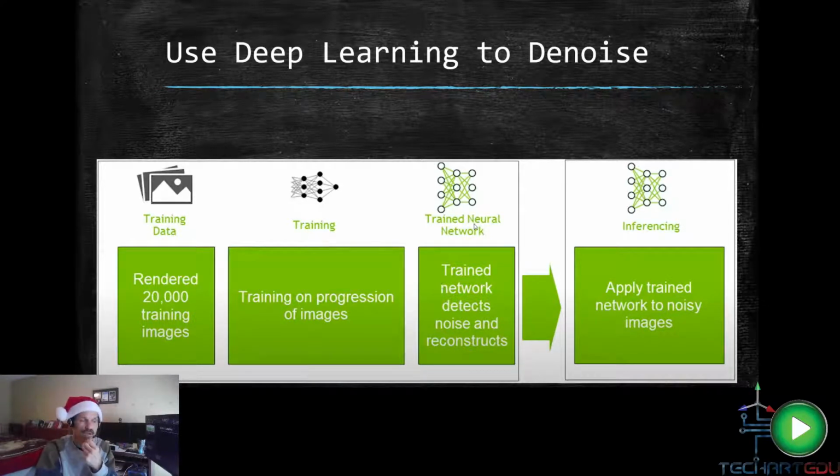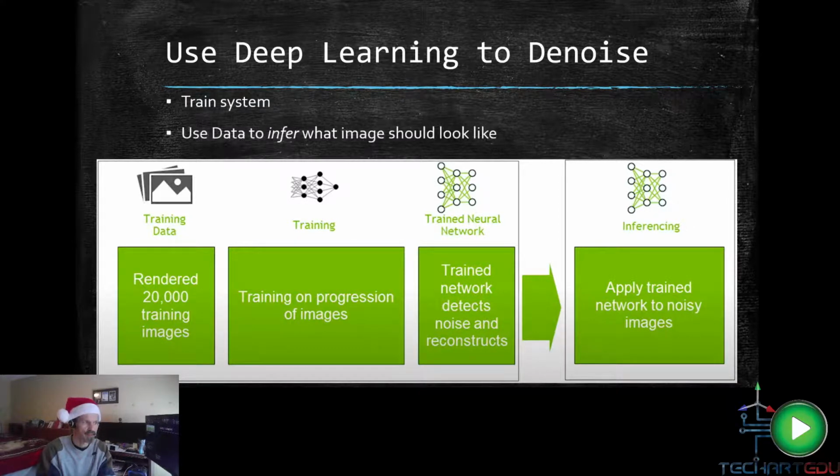And then once the neural network has been successfully trained, it's plugged back into the ray tracing so that every pixel is then fed into the neural network and post-processed again in order to get rid of all the noise. This actually works pretty good. It's actually pretty nice. And so the data is used to infer what the image is going to look like.